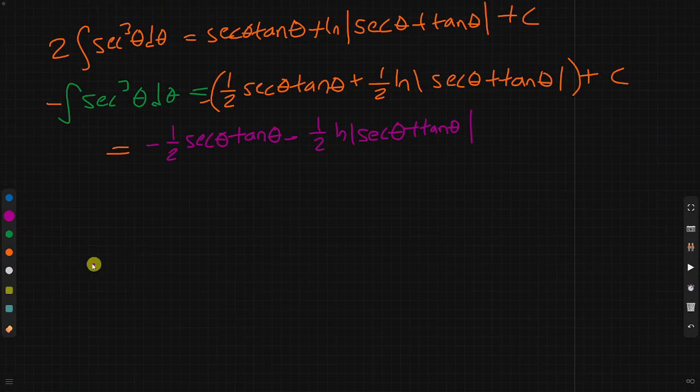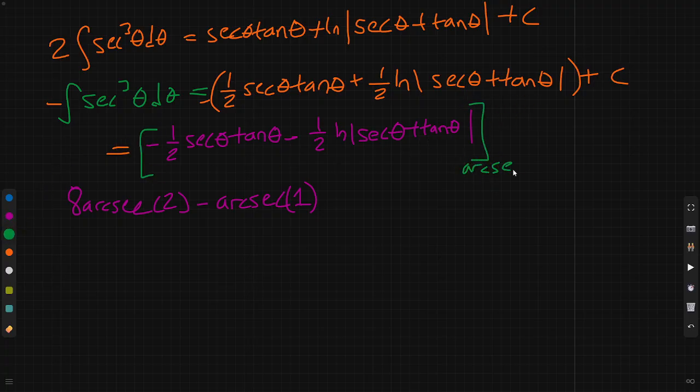So we have 8 times arcsecant of 2 minus arcsecant of 1. And we have to evaluate this whole thing at arcsecant of 1 and arcsecant of 2. All right? So let's evaluate this at arcsecant of 2. So we have negative 1/2 secant of arcsecant of 2.